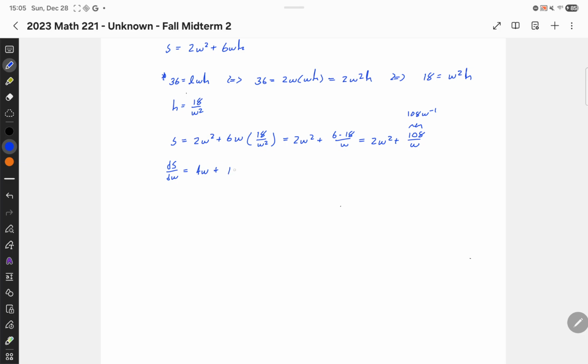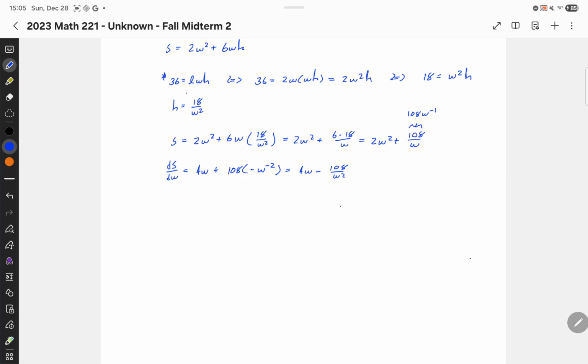In other words, this is 108 times the derivative of W to the minus 1, which is just minus W to the minus 2 by chain rule. So this tells us that the derivative of S with respect to W is 4W minus 108 over W squared, just like that.